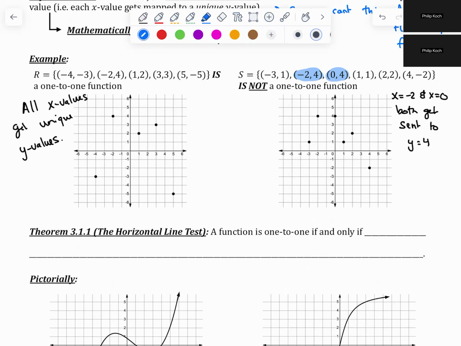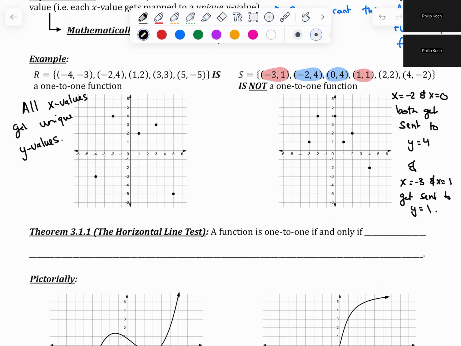Additionally, we actually have two problems. We also have this one here: -3, 1, and 1, 1. And x equals -3 and x equals 1 get sent to y equals 1.